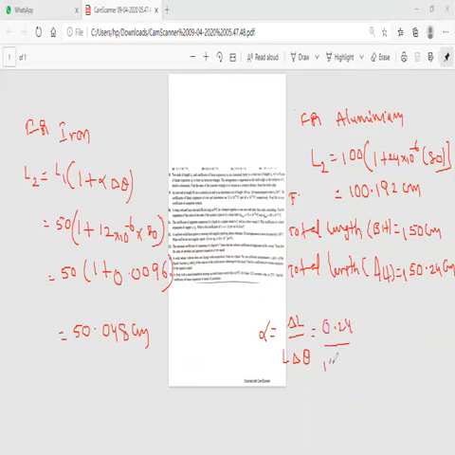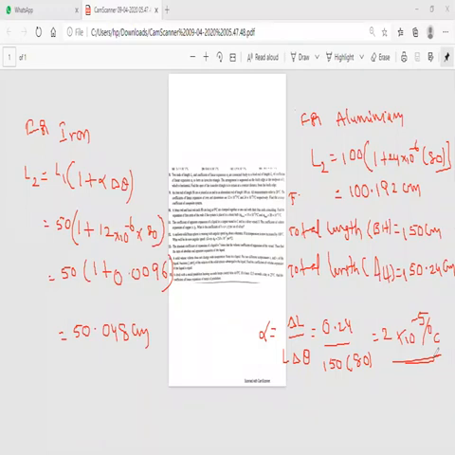Initial length is 150 for the whole composite rod, and 80 is the change in temperature. If we solve this, you will get 2 into 10 power minus 5 per degree Celsius. So finally the answer is 2 into 10 power minus 5 per degree Celsius. Okay, so this is the solution for the 9th question.